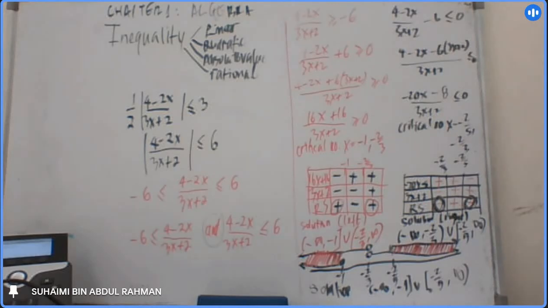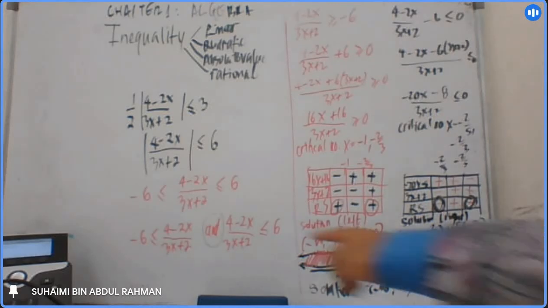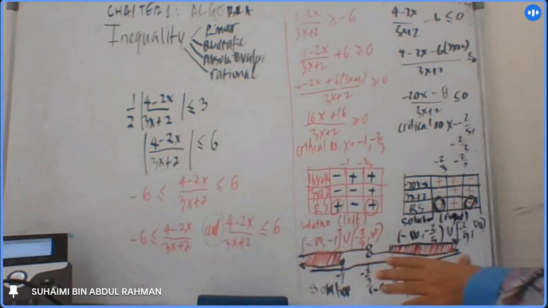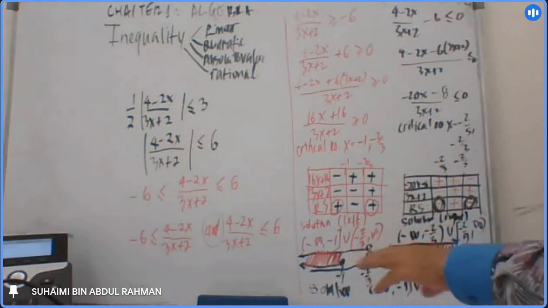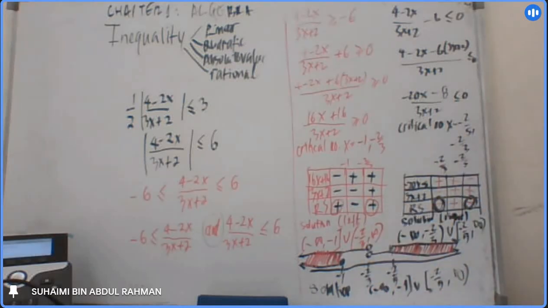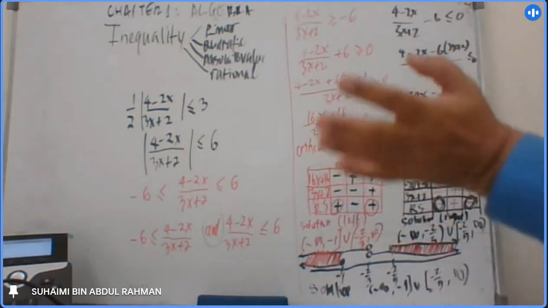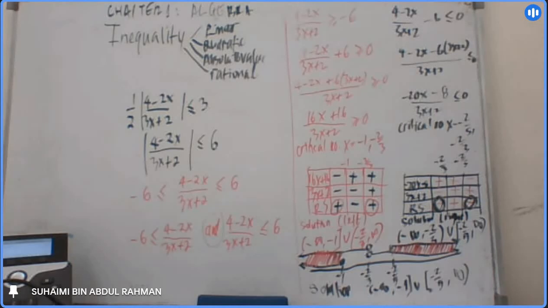For the case of and, we have to do a little bit more because we need to find the place of intersections between left and right. But for the case of or, no. We just find the union. We take all the values of the solutions of left and all the values of the solutions of right.